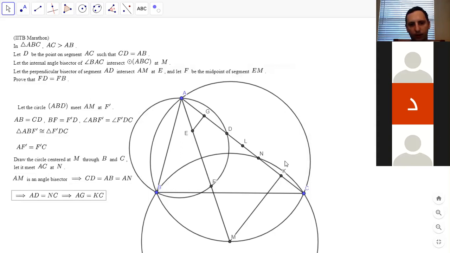And from there, if AG is equal to KC, then does it follow easily that F prime is the midpoint of EM? I think it should.